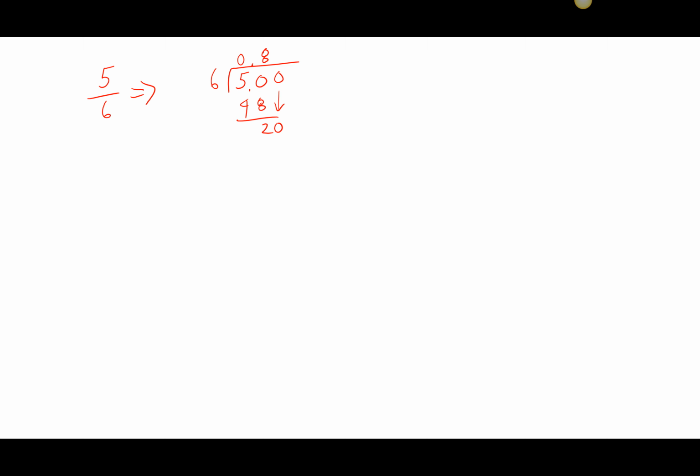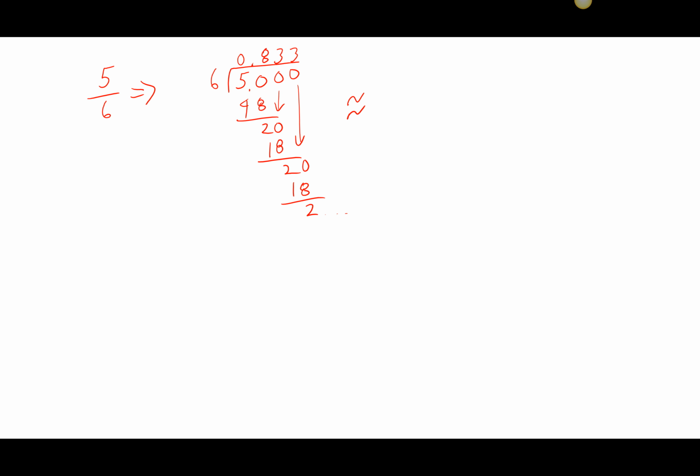6 won't go into 2, so you bring another 0 down. 6 will go into 20 3 times. It'll be 18, 2, bring down another 0. 6 will go into 20 again, 3, 18. And if you notice, it's just going to keep going. So we can stop there, and if we stop there, we can say approximately 0.83, and we can put this bar above it.